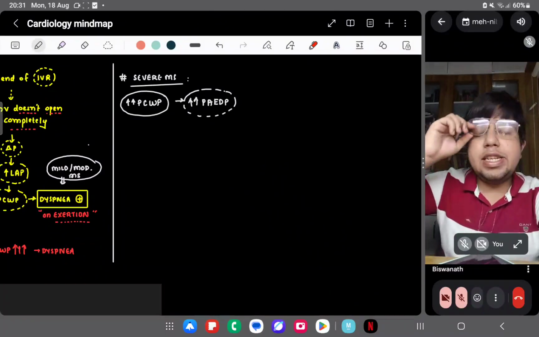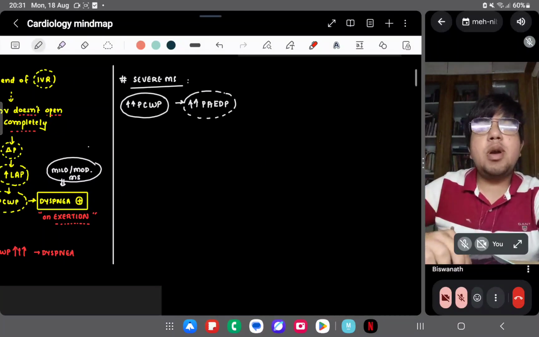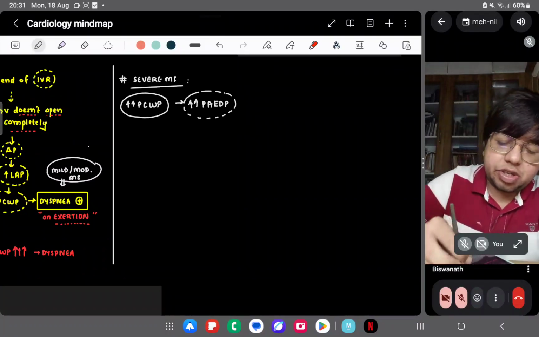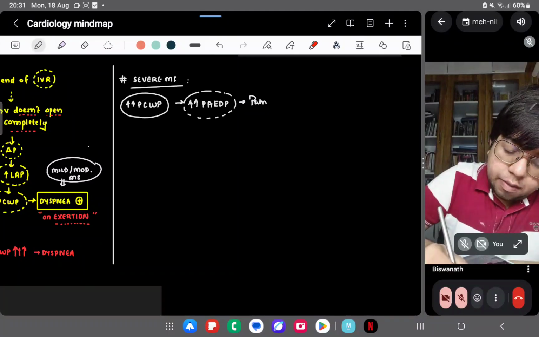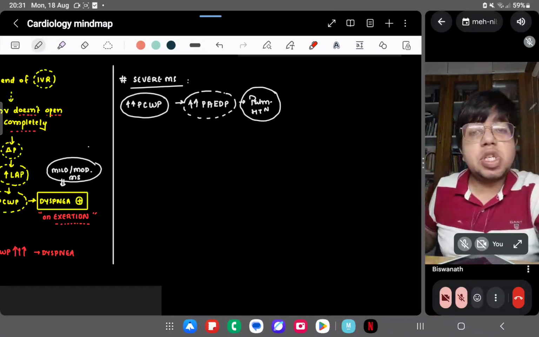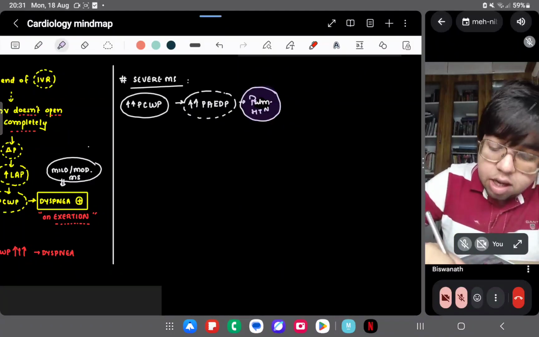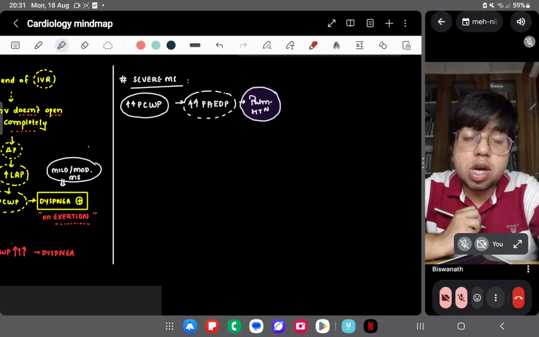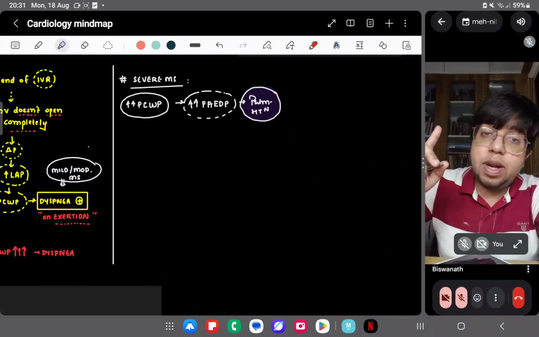Whenever there is an increase in pressure in the pulmonary artery, what do we call this? Pulmonary hypertension. This pulmonary hypertension is the most important culprit, the most important manifestation.